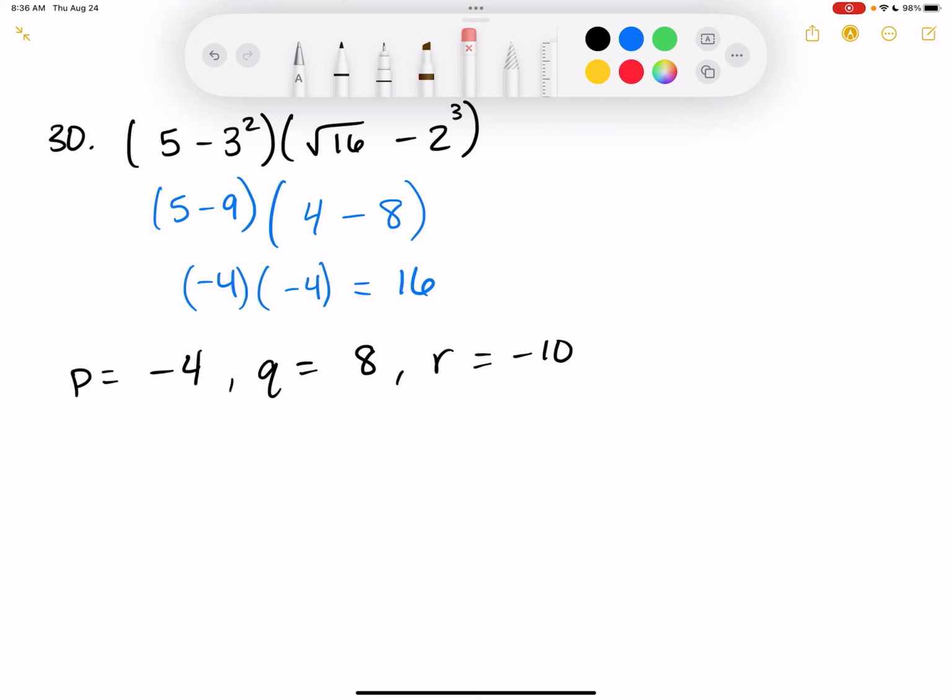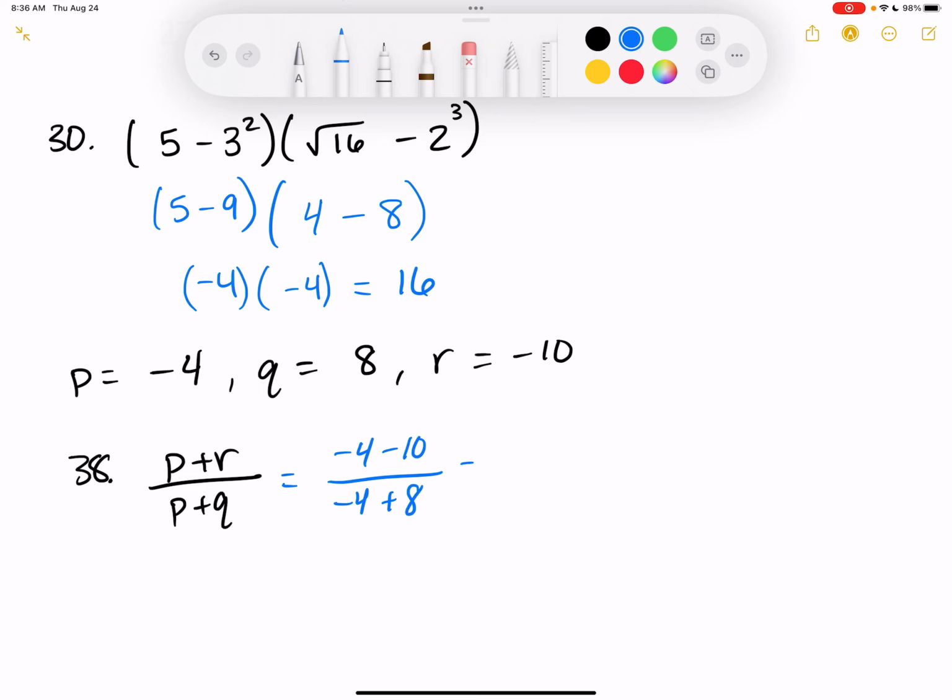So something like 38, we've got P plus R over P plus Q. All we're doing is replacing the letters with the number and then simplifying as much as possible. So I've got negative 4 plus negative 10, so minus 10, over negative 4 plus 8.